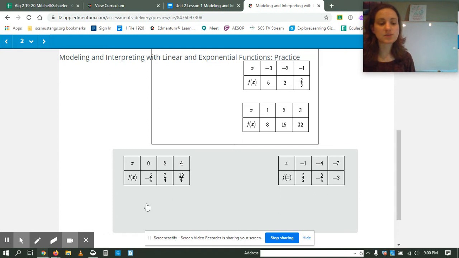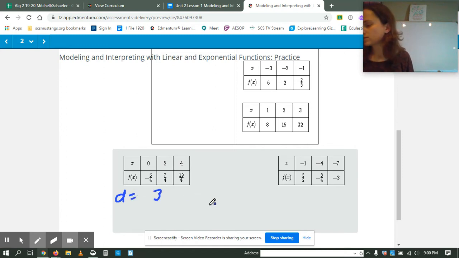So then with these, I'm going to take them and put them straight into my calculator. If I do 7/4 minus a negative 5/4, don't forget to put that negative in your calculator, that'll give me 3. So my common difference, that's the word we use, between those two is going to be 3.